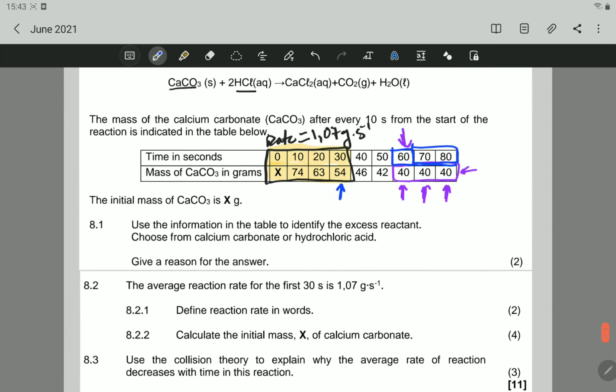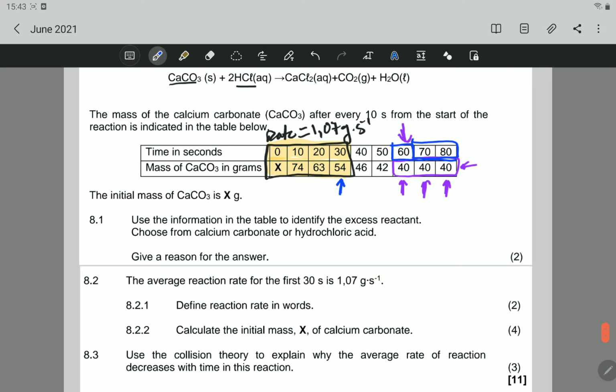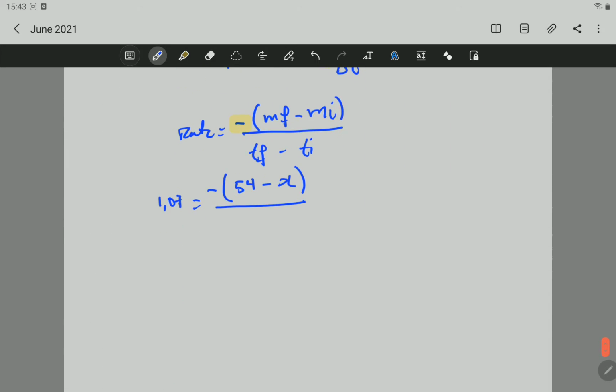The final time when the mass is 54 is 30 and the initial time is 0. So it is 30 minus 0. When you solve this one, it's very simple math. 30 minus 0 is 30.